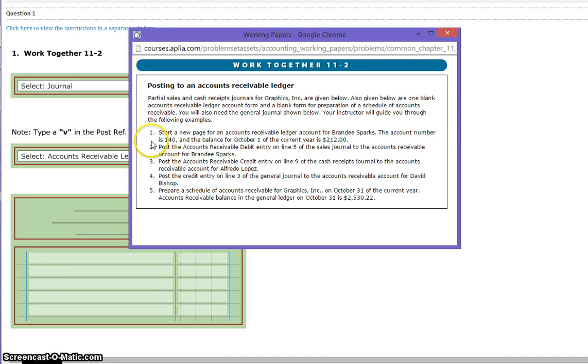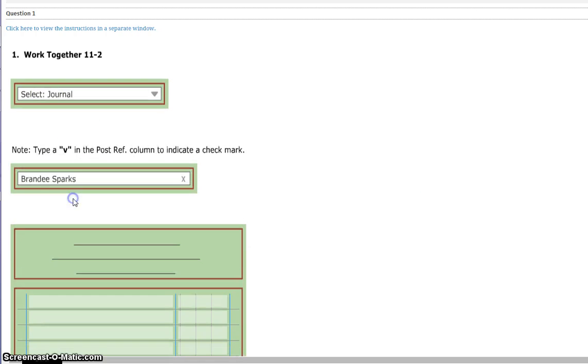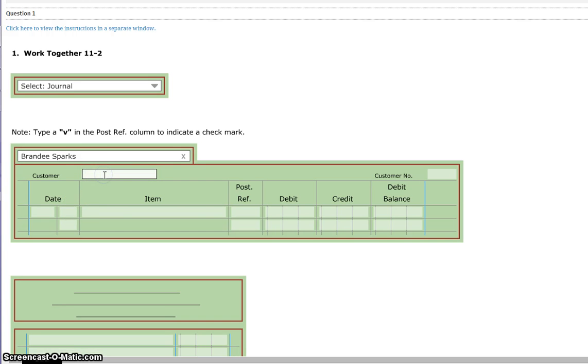So instruction number 1, start a new page for the accounts receivable ledger account for Brandy Sparks. The account number is 140 and the balance on October 1st of the current year is $212. So just like we did before, we're going to go into Brandy Sparks and open up her account. Just start typing the information given in the instructions.